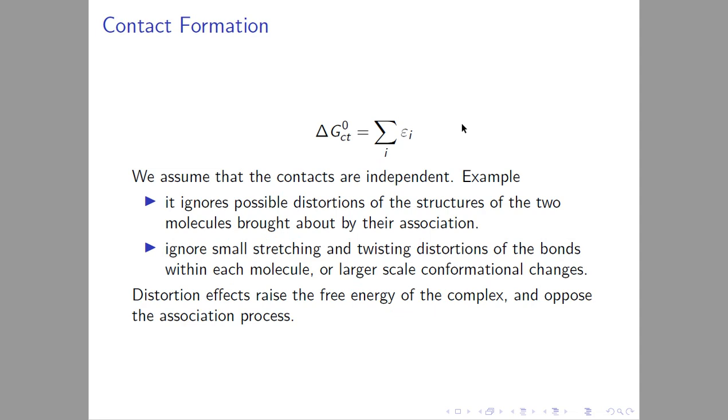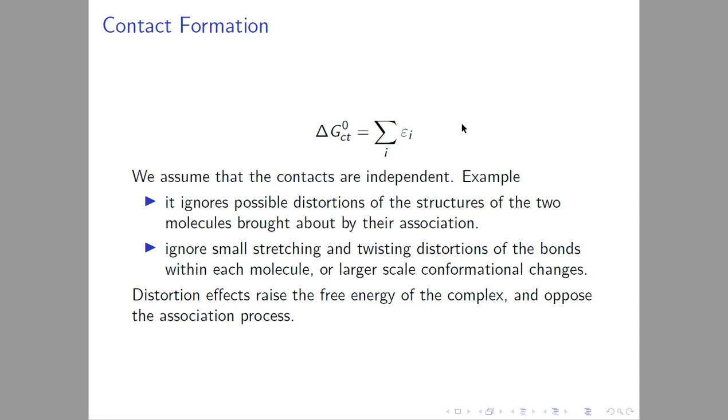What we assume here is that we ignore possible distortion of the structure of the two molecules brought about by the association. Meaning that if the protein is L-shaped, when it binds with the ligand it is still L-shaped, not K-shaped or M-shaped.